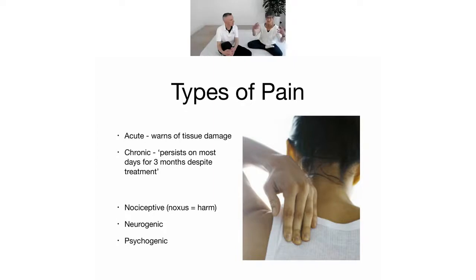And because the nervous system obviously has a huge network around the whole body, and it's all connected, you may have some damage in one part of your body, but you may find you're getting referred neurogenic pain in a completely other part. I'm sure most of you in your practice have treated people with sciatica.